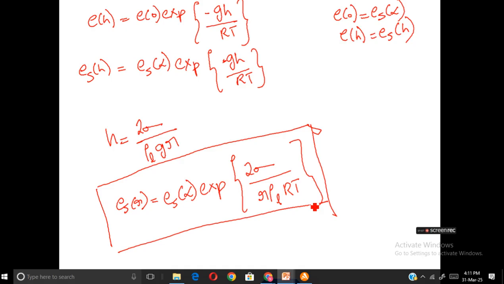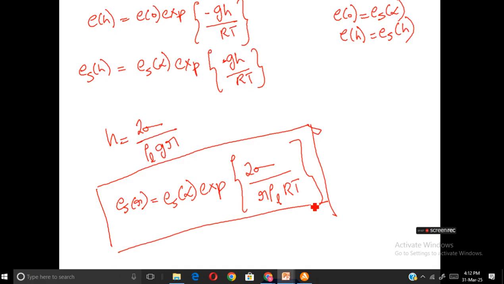Es of R, the saturation vapor pressure of a droplet of radius R, is changing with respect to the saturation vapor pressure over a plane surface, this Es of infinity. That's what it basically is. So this is a mathematical expression for curvature.